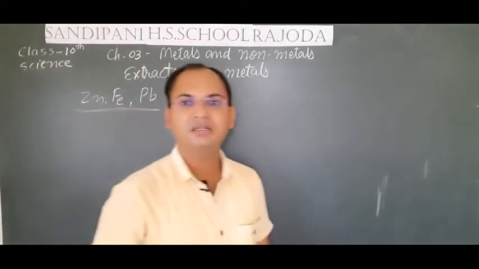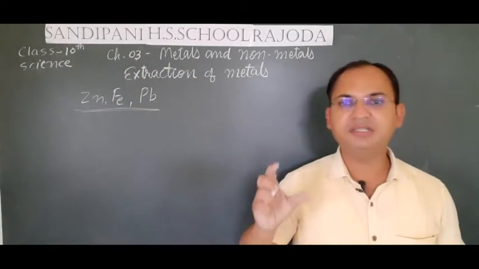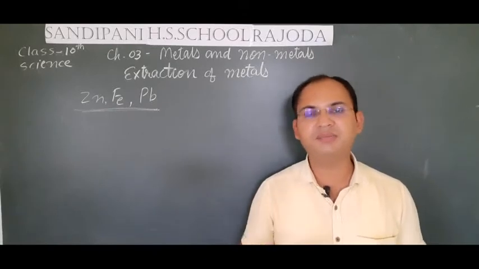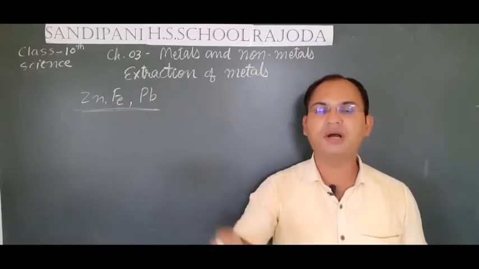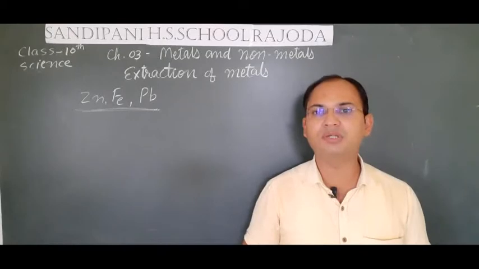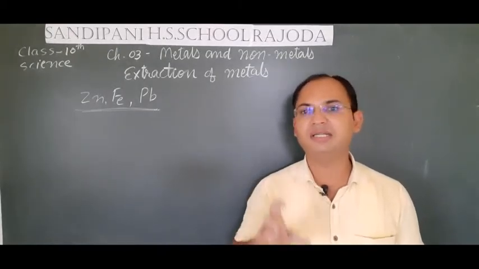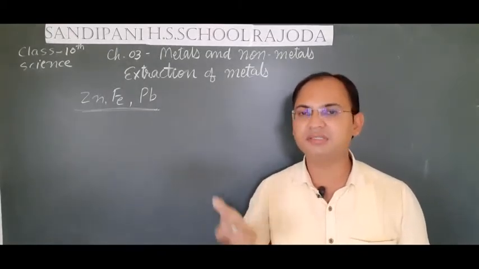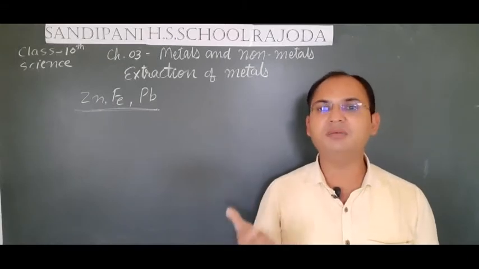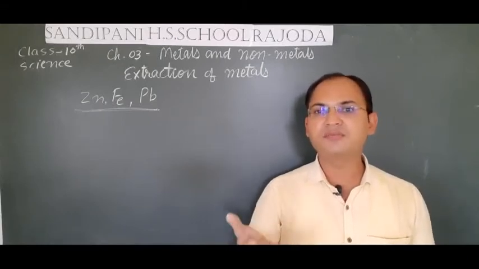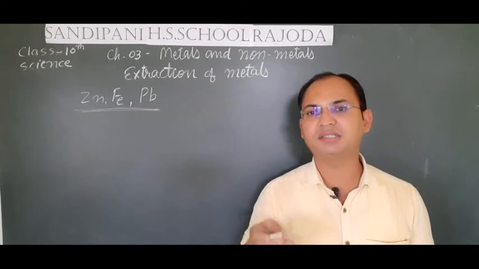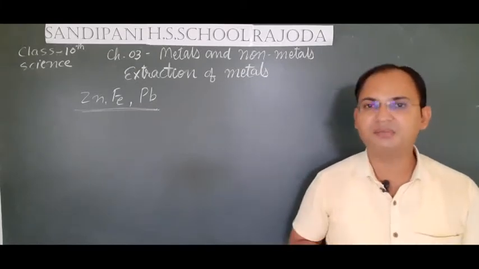These metals are present in between the activity series. That means they are not too highly reactive and not too low in reactivity. They have moderate reactivity with other elements, and that is why, depending upon their reactivity, the method of extraction is different from the other metals.